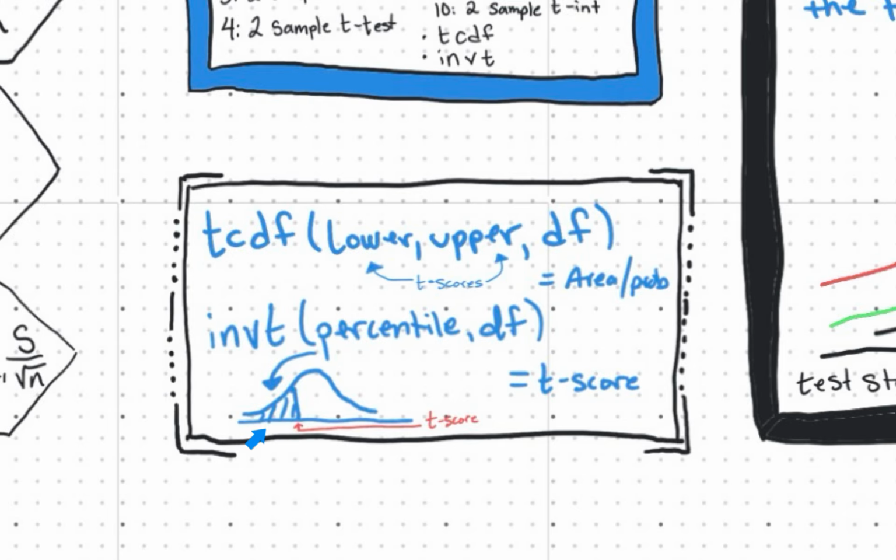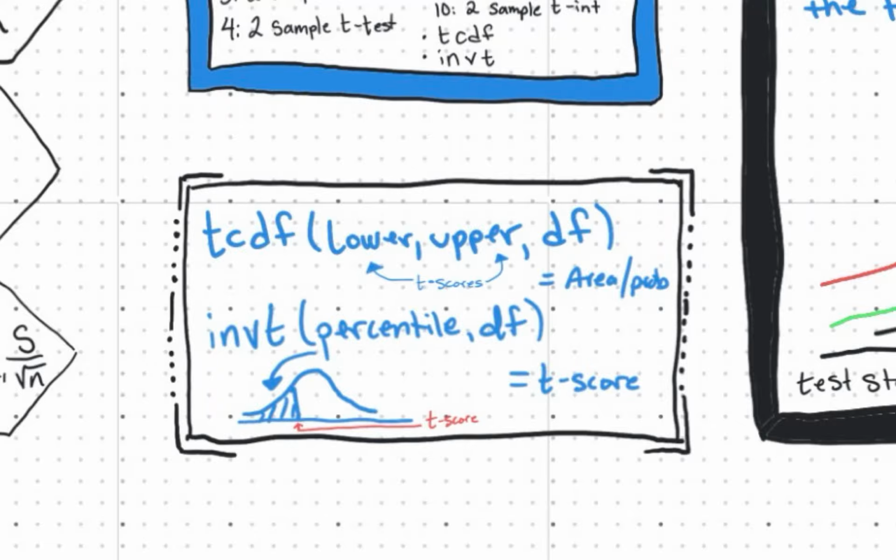Always. And then when you put in the degrees of freedom, it's going to give you that t-score that marks off whatever area that is. So if you're looking for the top 5%, you'll have to use 95%. Top 10%, you have to use 0.9 in the inverse t. And that will always give you back the t-score.